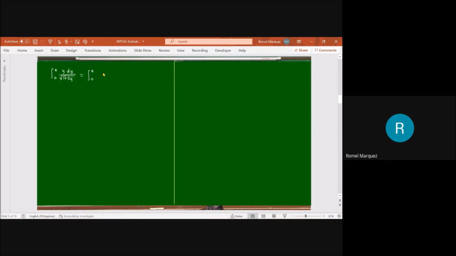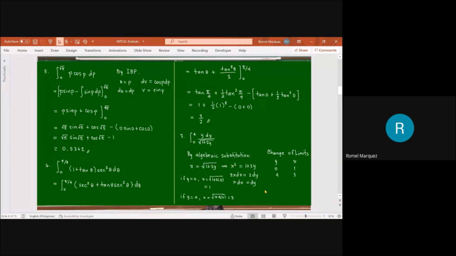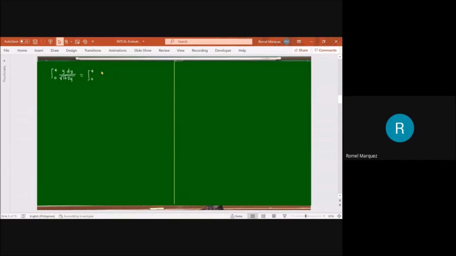What is our y dy? Look at this. Our y is x squared minus 1 all over 2. So we have x squared minus 1 all over 2. That is my y. What is my dy? X dx. All over, this is x. Is that clear, guys?